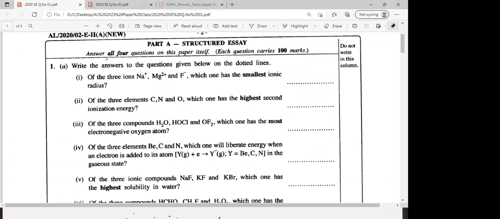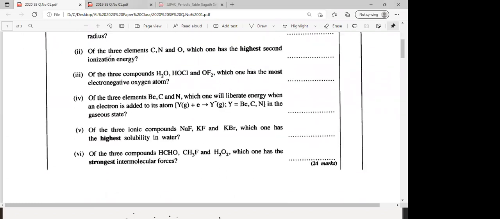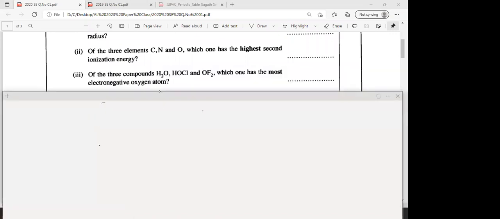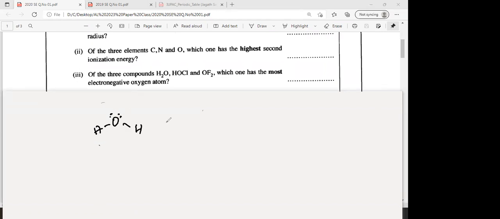Part 3, they ask, out of the 3 compounds, which one has the most electronegative oxygen atom? How to explain that? H2O. So hybridization matters here. Charge matters here. HOCl. And OF2.